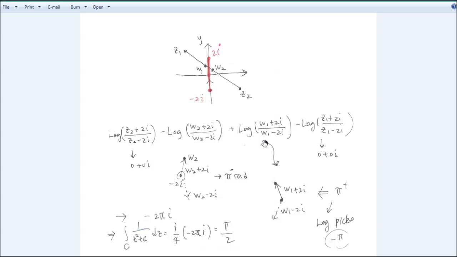If you hit the principal log, what does that pick up? Though this is approaching pi from above, when you hit it with log, this picks up almost negative pi. So these two things together will give you negative 2 pi i again. Everything else cancels. 0. So you get pi over 2 again.